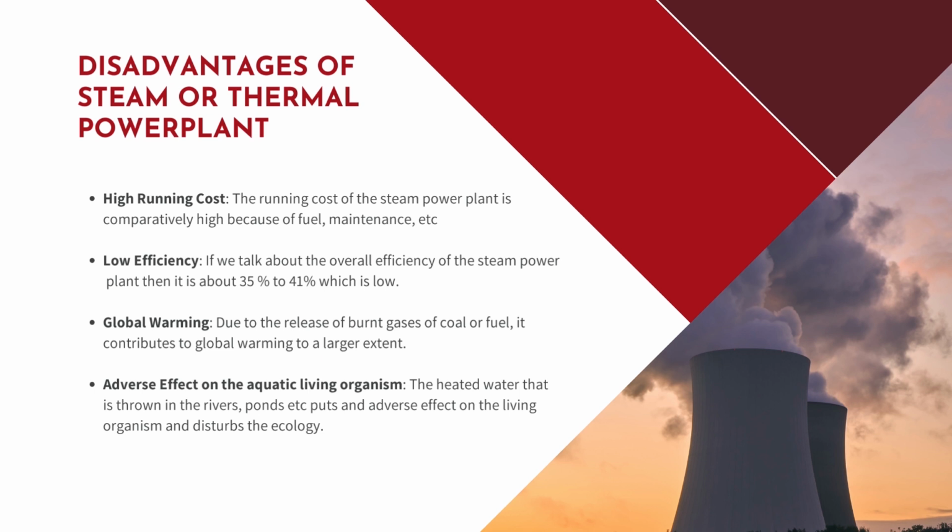Using various mechanisms, techniques and tools, we can improve this efficiency up to 42% only. So, the efficiency of the thermal power plant is very low. This is considered a disadvantage of this plant.